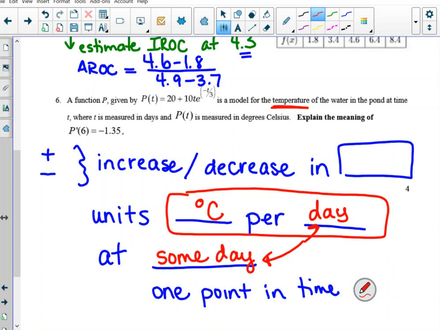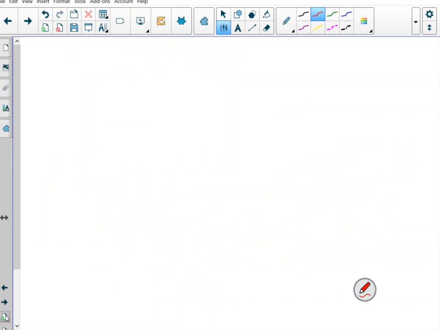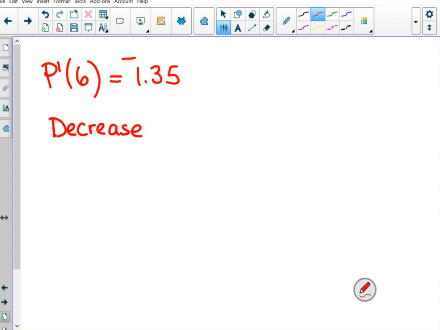So the best answer for problem number 6, when you write this out to get full credit for explaining what this derivative statement means, there's a couple different ways you could say it, but let me write this again. So p prime of 6 equals negative 1.35. I could say, there's a decrease in temperature of, and this is tricky, 1.35.